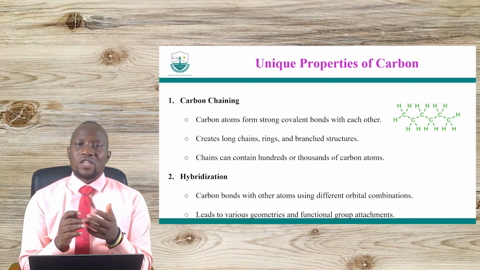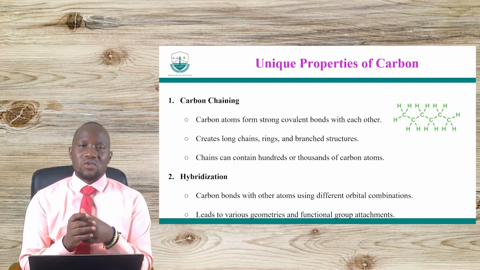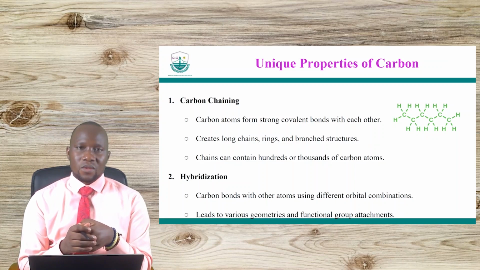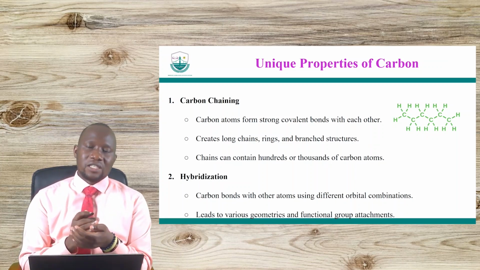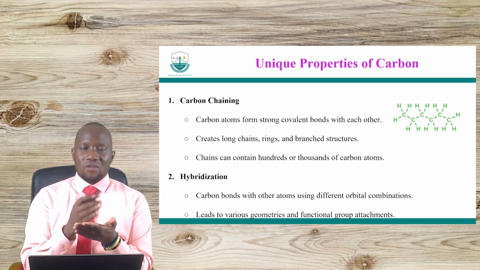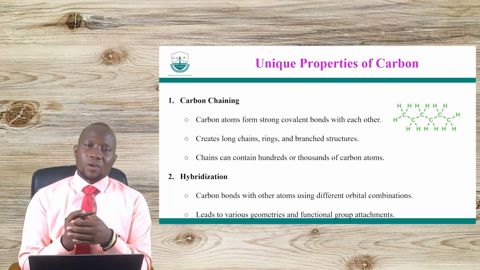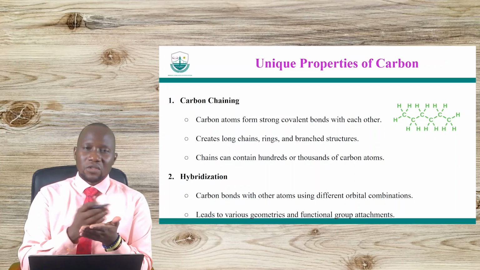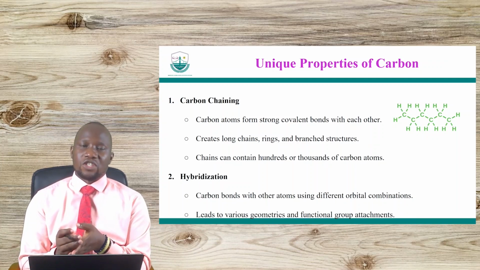So why do we form such kinds of compounds? The reasons align with the unique properties of carbon. Carbon has the ability to form long chains because of the covalent bonds that are formed between carbon atoms or between carbon and other elements, for example, hydrogen.